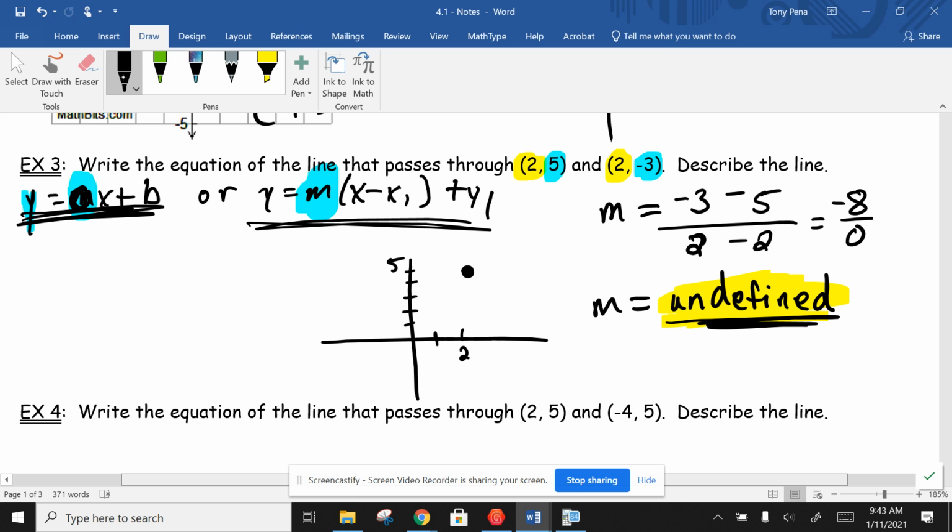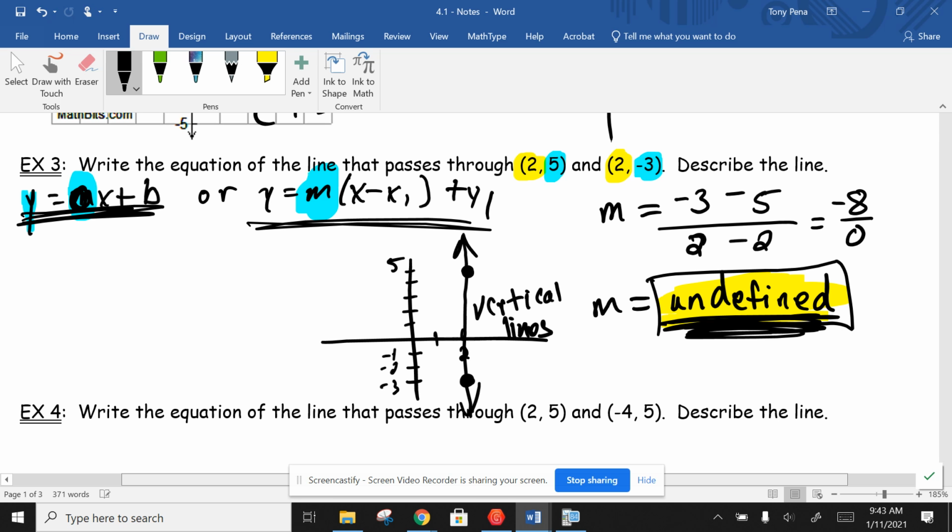If I plot the second point, I'm going to do 2, so negative 1, negative 2, negative 3. If I connect those 2 points, you see how we get a vertical line right here? So vertical lines have slopes that are said to be undefined. Whenever you see that, know that that's a vertical line and our slope will always be considered undefined.